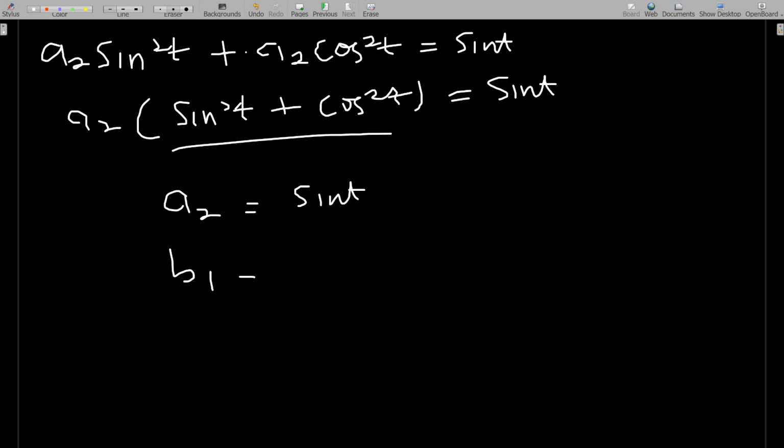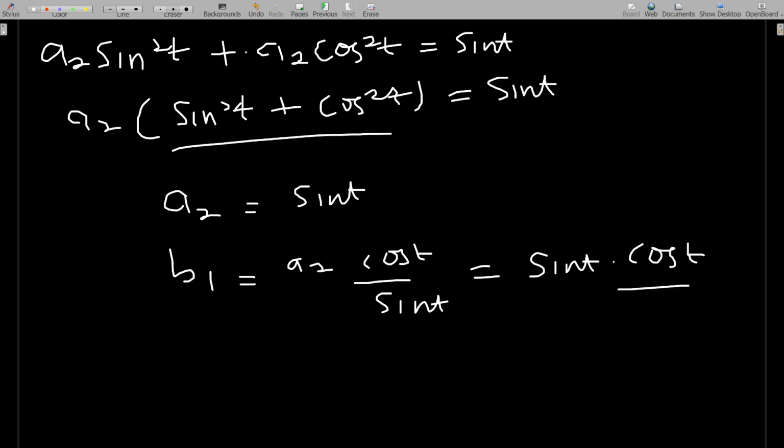This means that our b1, which is a2 cos t over sine t, will be sine t times cos t over sine t, and sine t cancels sine t, so b1 is equal to cos t.